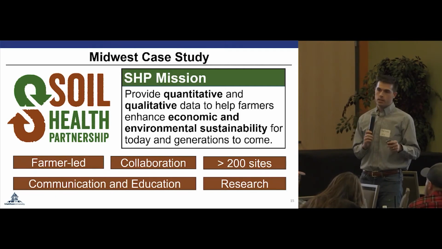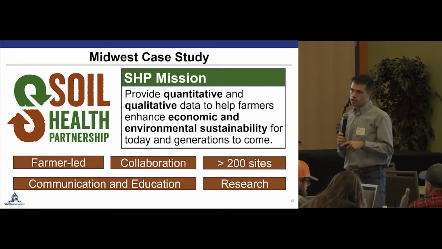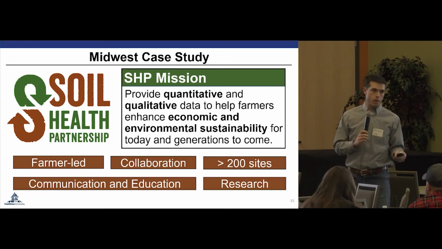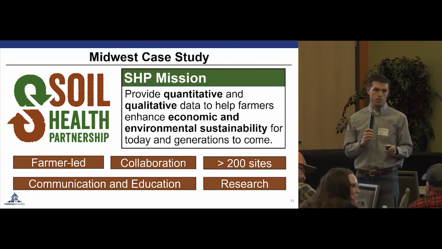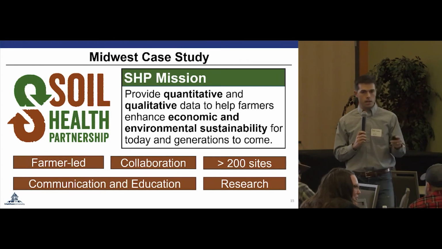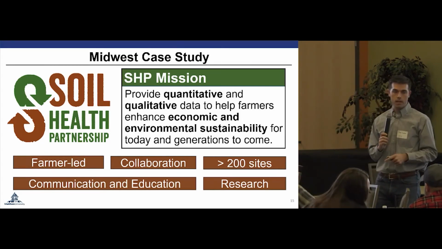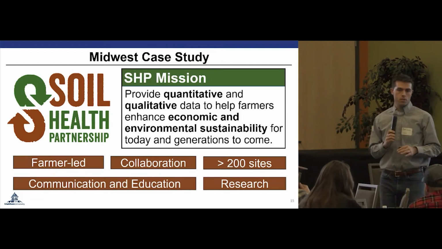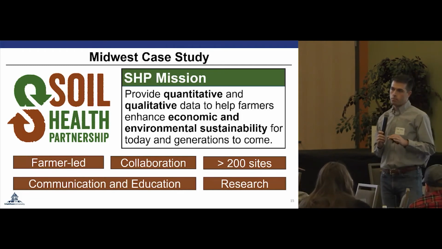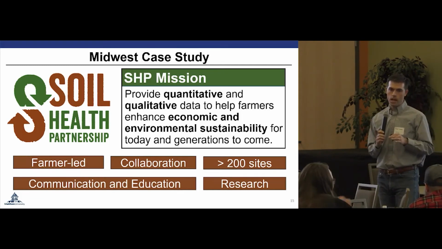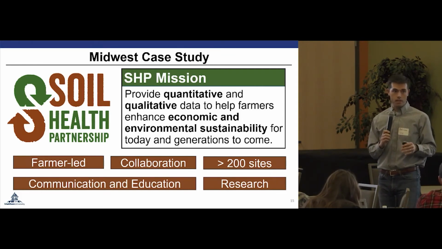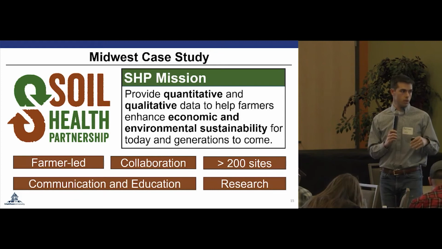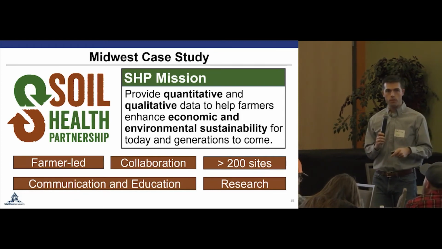Because we can't go out there and say, okay, you should convert to X practice with this kind of crop rotation if it's not going to help them in their management and with their economics. So the Soil Health Partnership really is focusing on how to help the farmers adopt these practices, but then also make it work for them at an individual level.